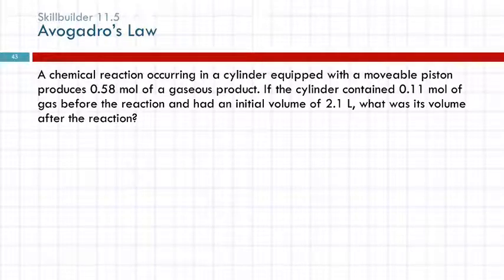Okay, so we got to think about this for a minute. So we've got a chemical reaction. So we've got something going to something else. And it says it makes 0.58 moles of a gaseous product.